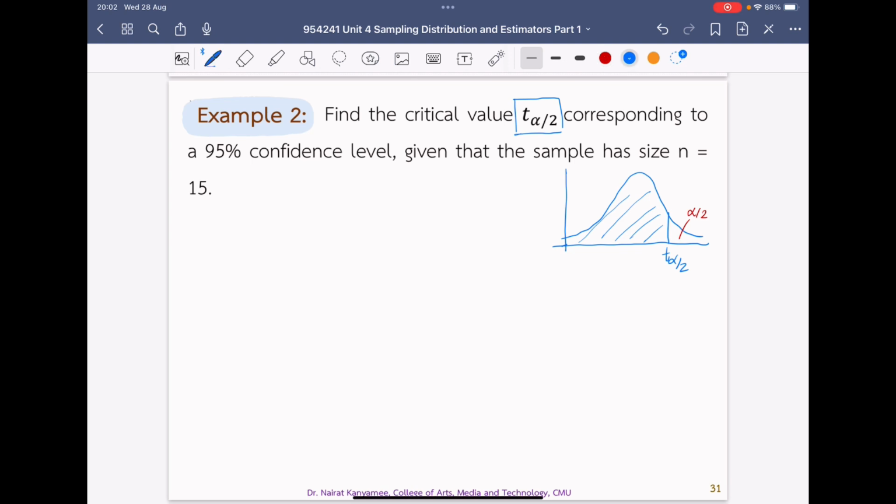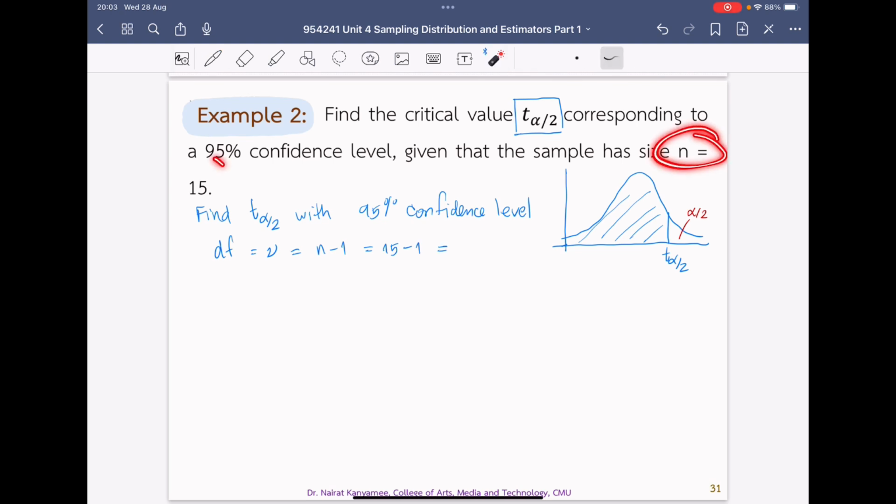Now we go step by step. We find t alpha over 2 with a 95% confidence level. The degrees of freedom, or nu, is defined as n minus 1, which is 15 minus 1, right? n is 15.